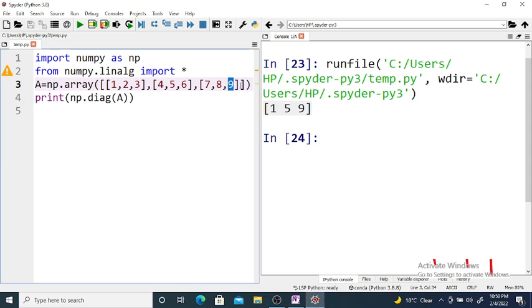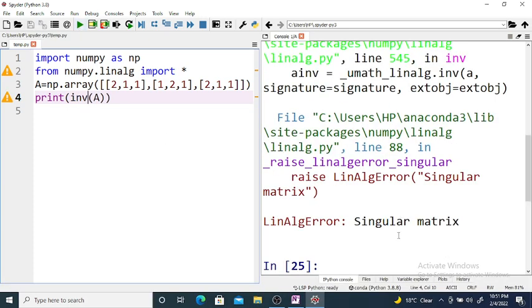So here A is equal to, if we write again, 2 1 1, 1 2 1, 1 1 2, and if we write the inverse of A, np.linalg.inv of A, it is not a singular matrix.